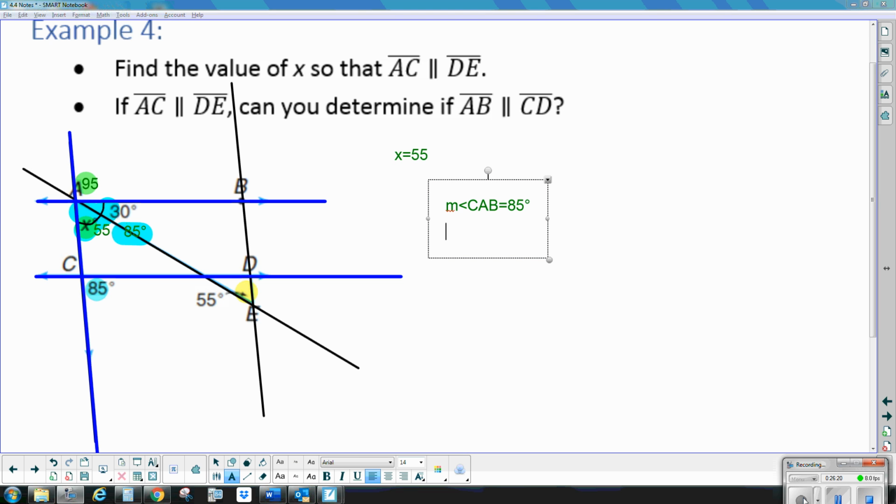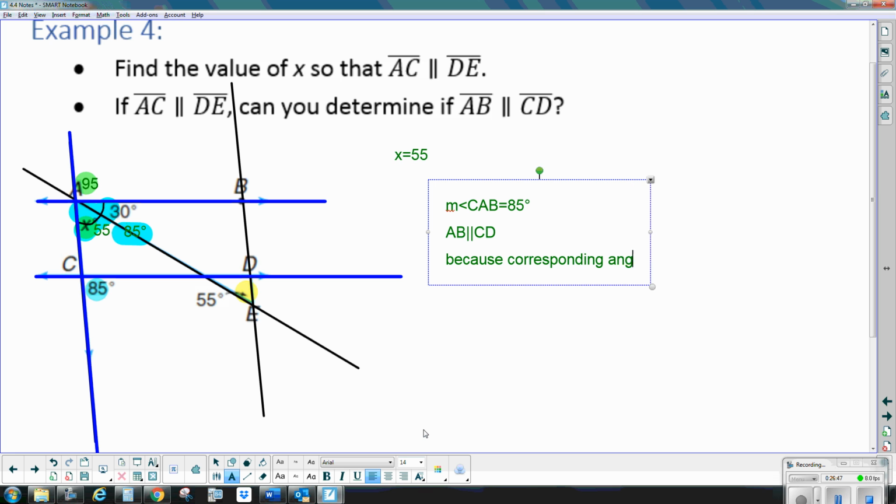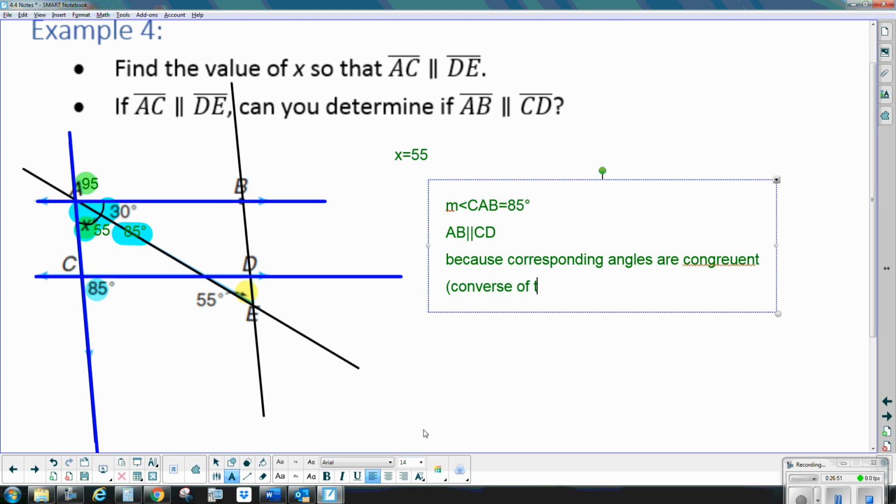So because measure of angle CAB equals 85 degrees, and the given 85 degree angle and CAB are corresponding angles, and they're congruent, AB has to be parallel to CD. And that's the converse of the corresponding angles theorem.